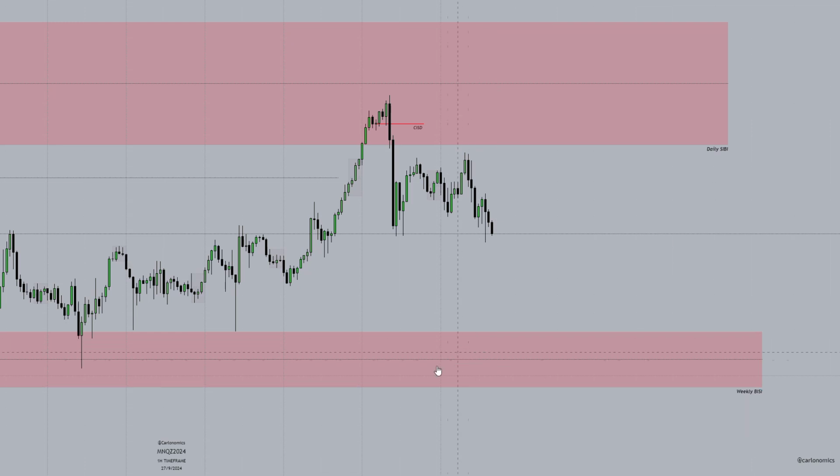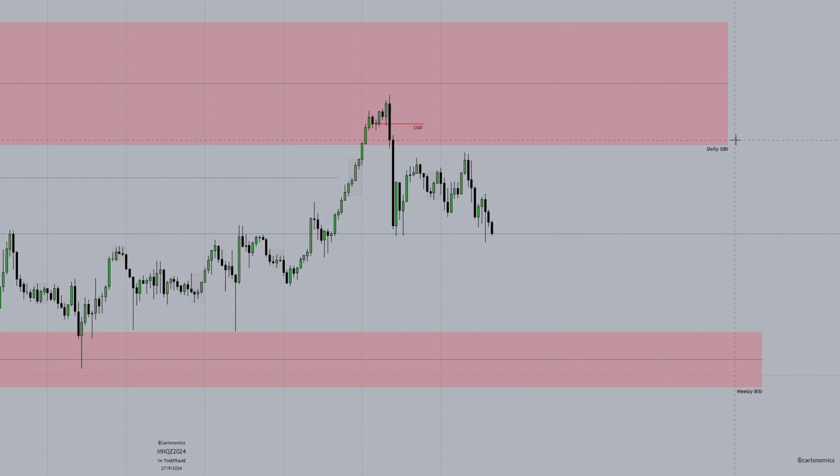From this area, I'll want to look for some kind of internal to then target the external. Something like this, like an internal, target the external, and just continue going lower.